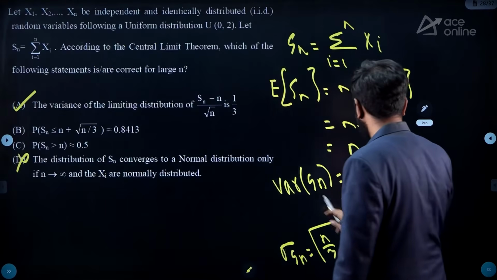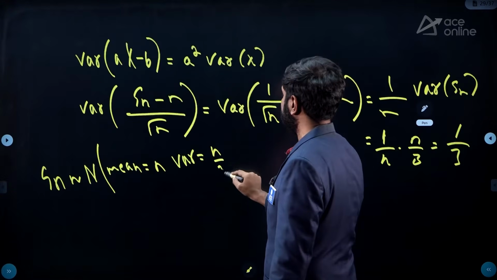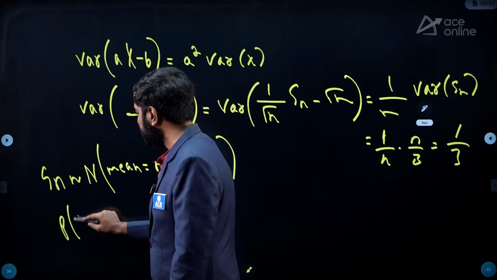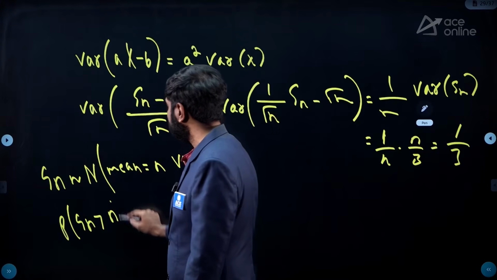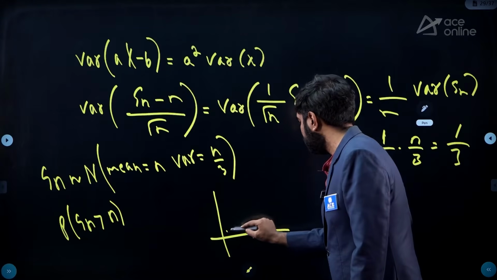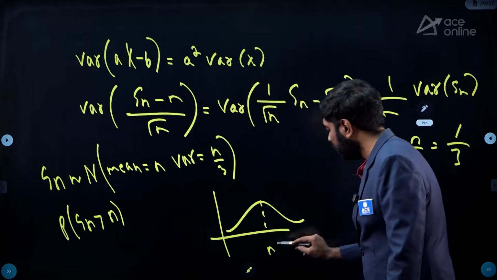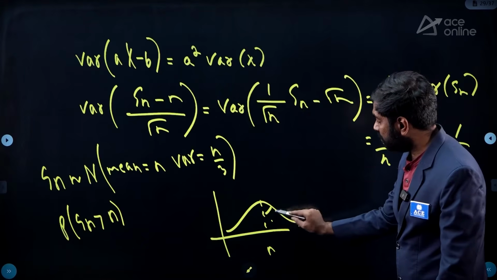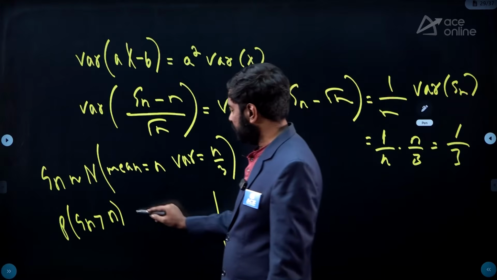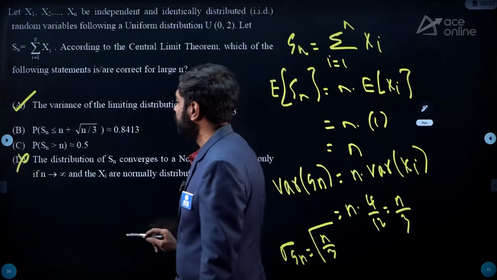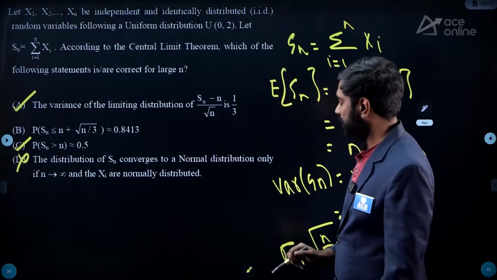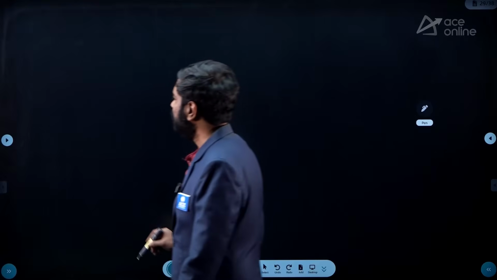Yes, n by 3. For a normal random variable, if you are asking what's the probability that it is greater than the mean, then what we usually do is draw a bell-shaped curve which is symmetrical about n, and you are asking what's the probability that it is more than n? This covers 50% probability, which is 0.5. So yes, this is true. Now we are supposed to verify option B. Okay, so let's verify option B.